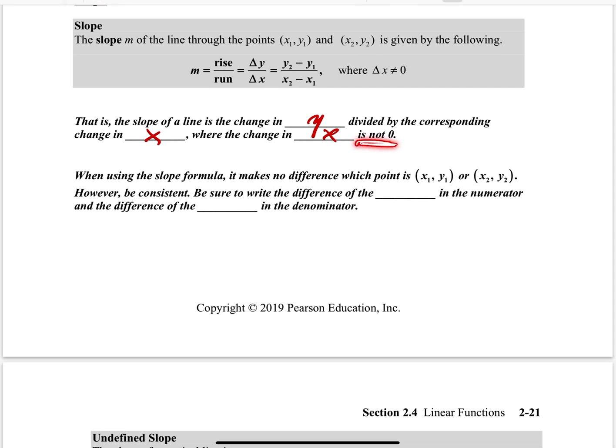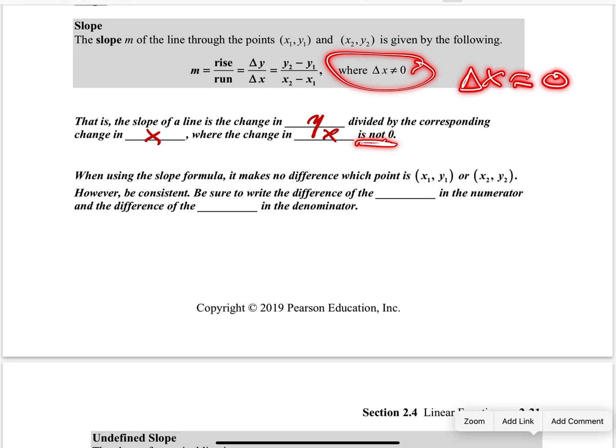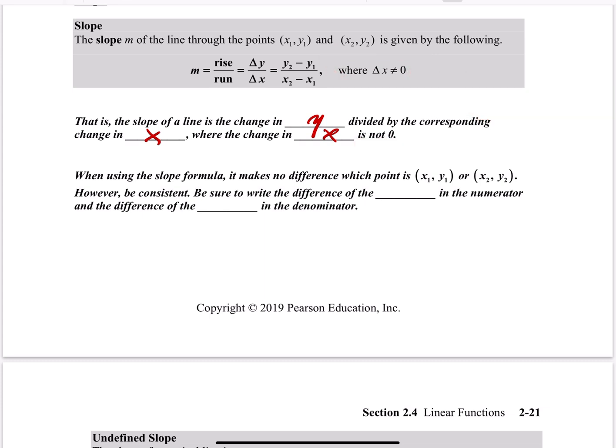Let me explain what this meant. Because of this, dx has to be non-zero, and you know dx is x2 minus x1, which is always different from 0. Just make sure the denominator is non-zero.